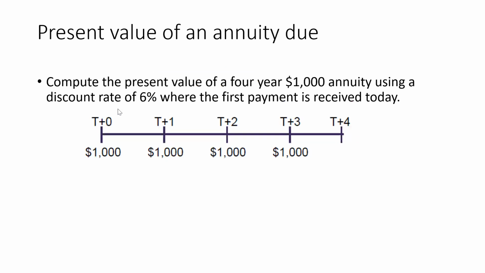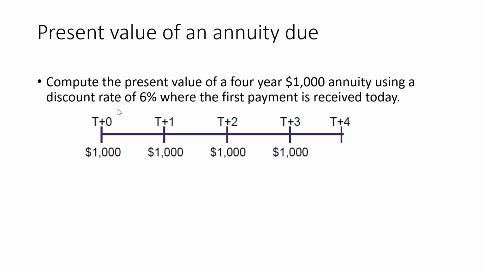And then last slide, present value of an annuity due. So again, begin mode on the calculator, compute the present value of a 4-year $1,000 annuity using a discount rate of 6% where the first payment is received today. So under begin mode, we're going to do 4 years, a discount rate of 6%.